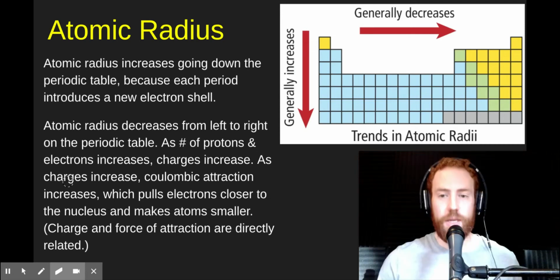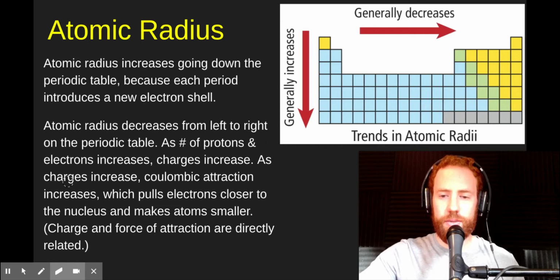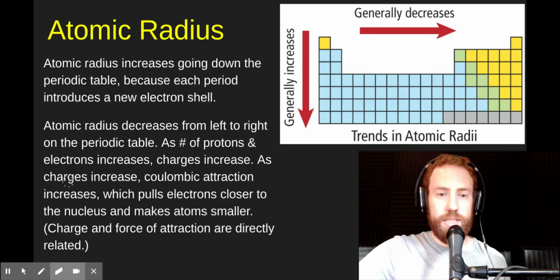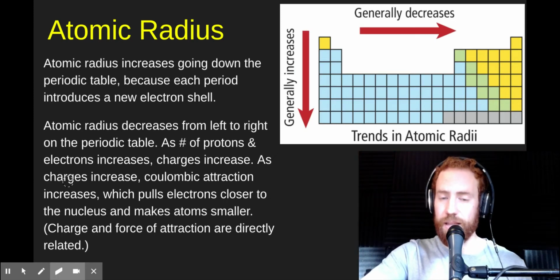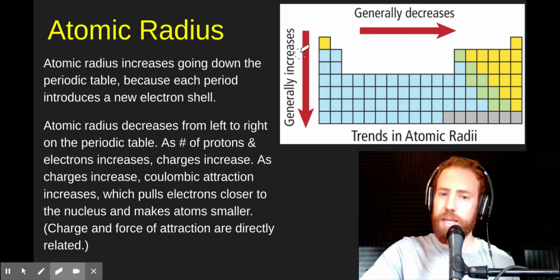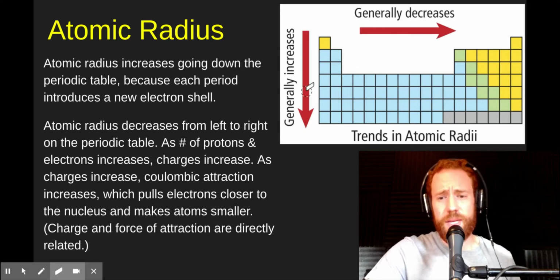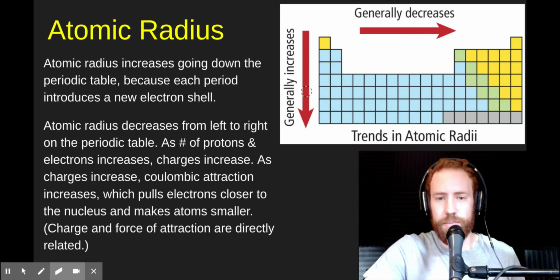Now I know. The last thing that I want to cover really quickly is some trends in the periodic table that you should be aware of. Atomic radius refers to the size of an element, and you might remember this from chemistry A. As you go from top to bottom on the periodic table, atomic radius increases, things get bigger, which makes sense because the atoms are getting bigger, right?